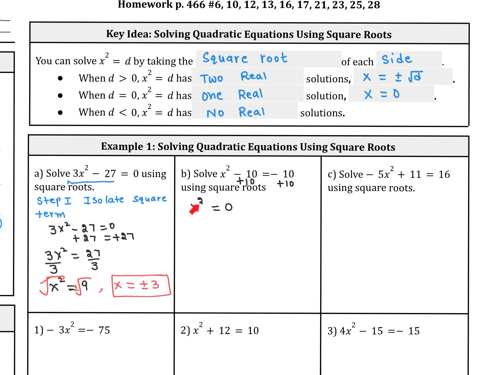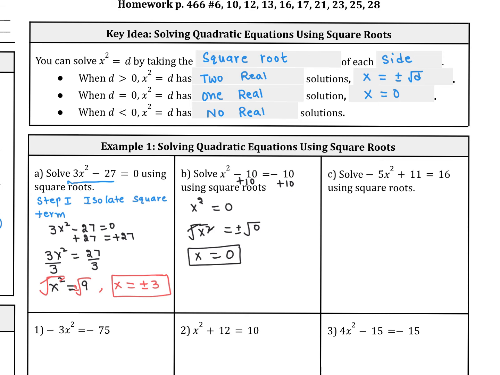To remove the square, you're going to first take square root on both sides. You can write plus or minus here, but there is no point in writing plus or minus because when it is 0, then it's just 0. You don't have to write plus or minus. x equals 0 is your answer.